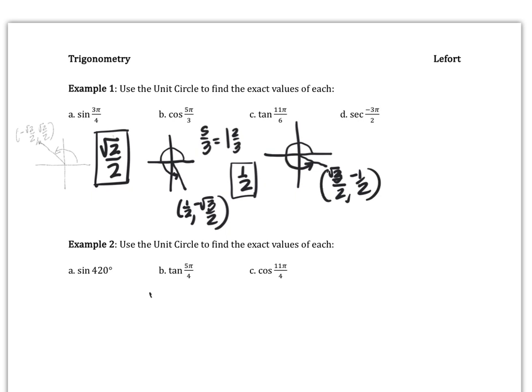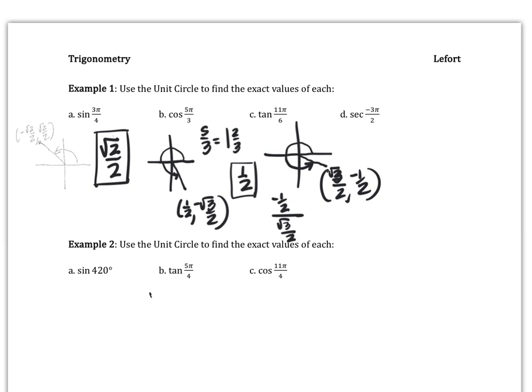So tangent, if you remember, is y over x. That means we'd have negative 1/2 over square root of 3 over 2. And then if we simplify that, there's a couple ways you can do this.